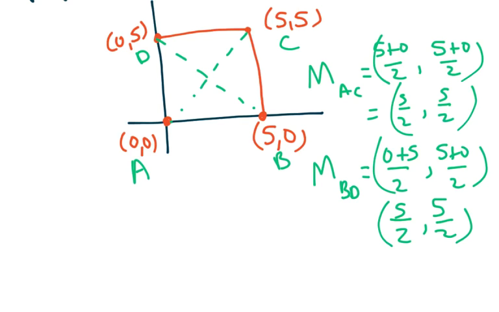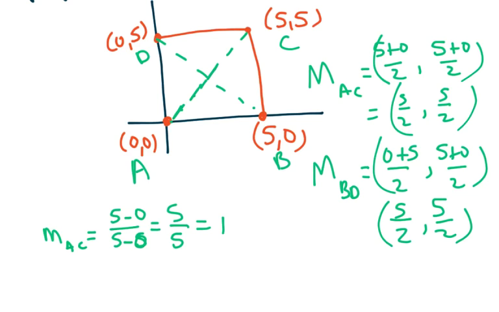Now I need to show that the slopes of those two diagonals are opposite reciprocals. So the slope of AC, y2 minus y1 over x2 minus x1, is going to be 5 over 5, which is 1. Which makes sense because this line here is going up from left to right. The slope better be positive. The slope from B to D better be negative because that diagonal is going down from left to right.